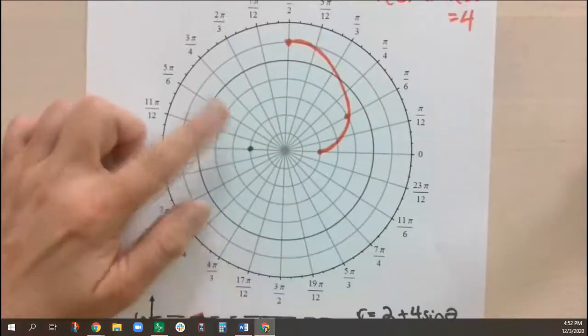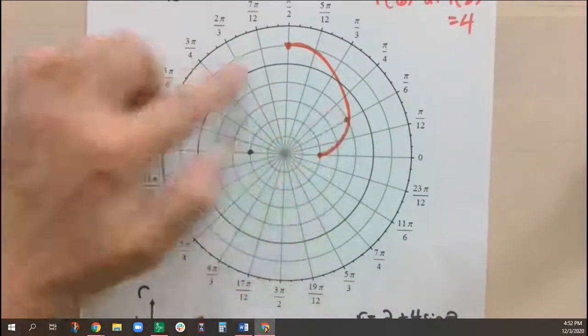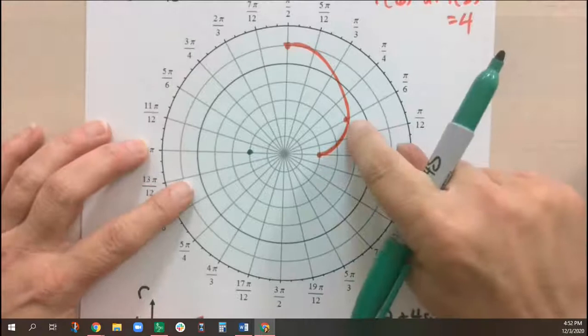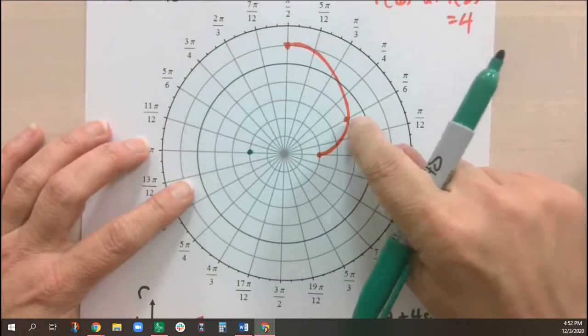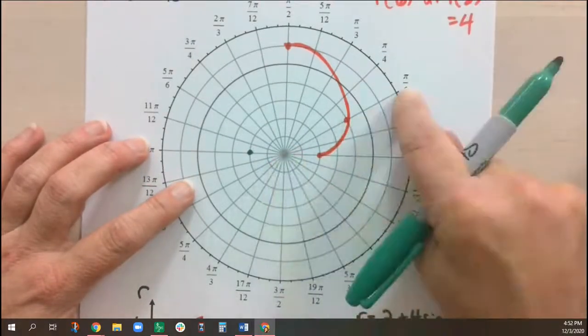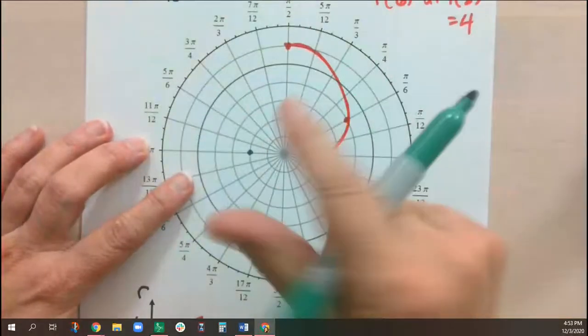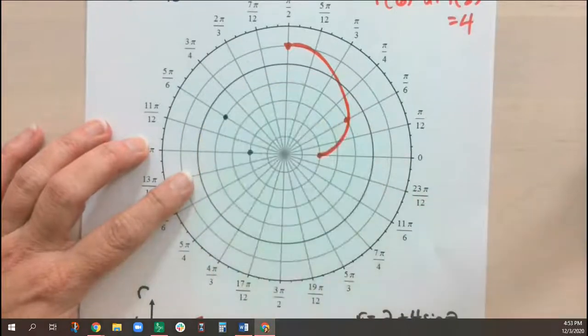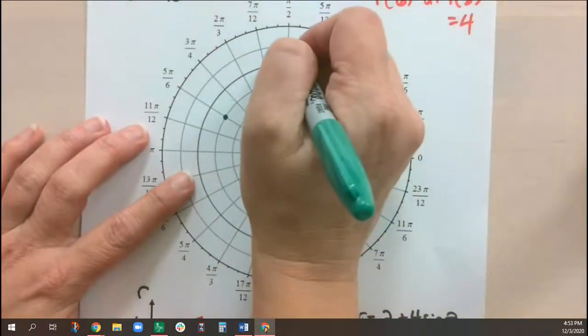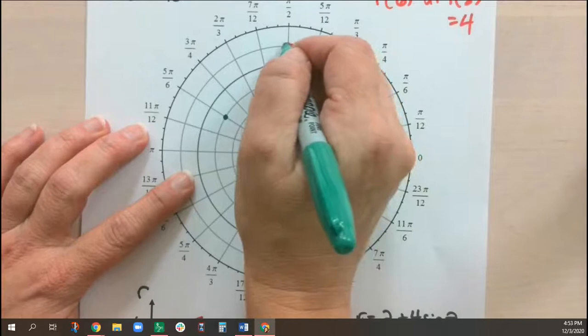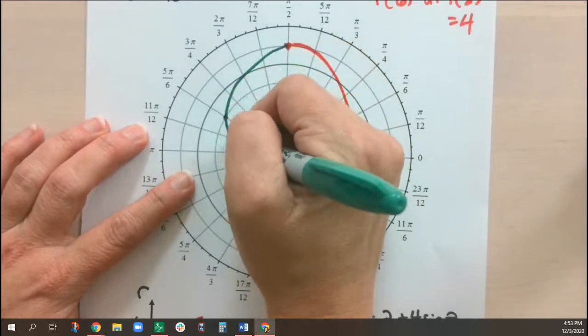And so it's going to be symmetrical up here too, quadrant 1 and quadrant 2. This point here has a radius of 4 on the pi over 6 spoke. We're going to have that same radius of 4 on the 5 pi over 6 spoke. So we're going to have that point right there. And so my curve, we're going to pick up where we left off, and it's going to continue around like this.